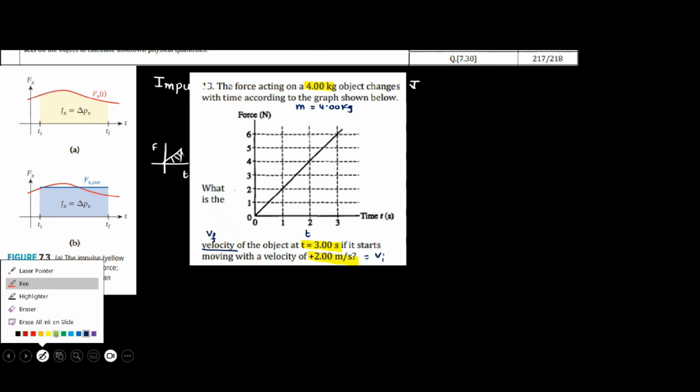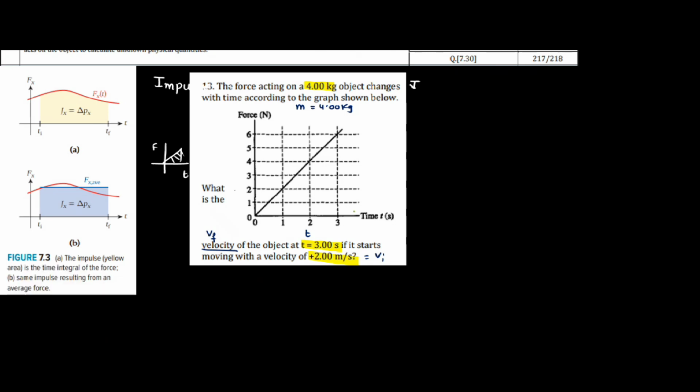To find the final velocity, we are going to use the impulse-momentum theorem. The impulse-momentum theorem says that impulse J is equal to change in momentum, and this change in momentum we can write as m times v final minus v initial. So I can find my v final by solving this equation.